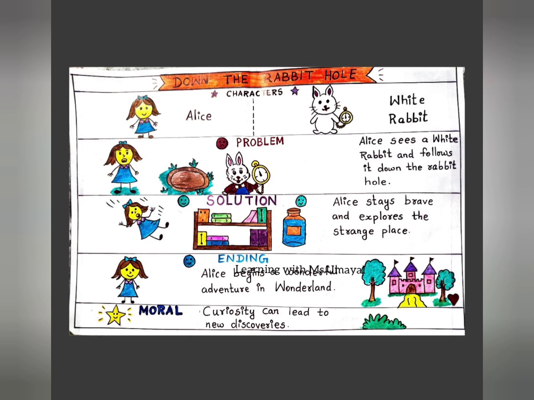Her curiosity leads her into a completely strange and magical world. And that is how Alice's incredible adventure in Wonderland begins. Children, always remember curiosity can lead to new discoveries, so never ever hesitate to explore new adventures.